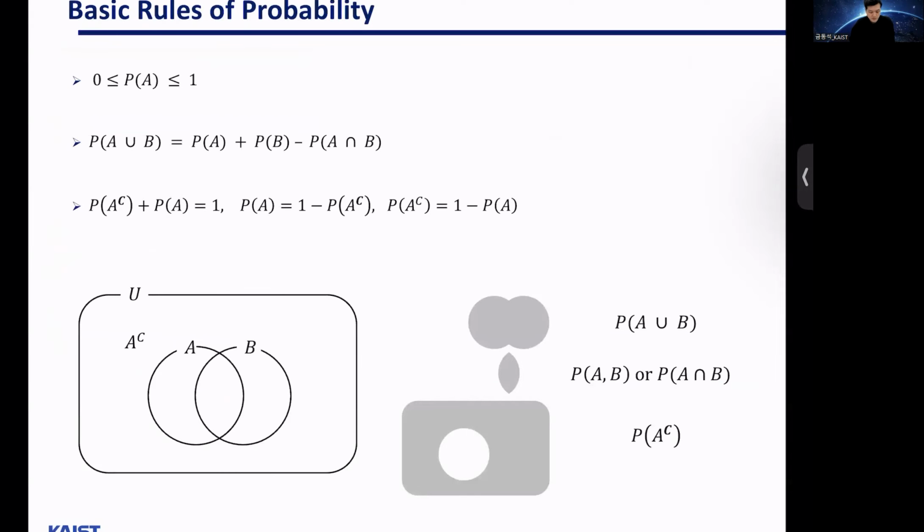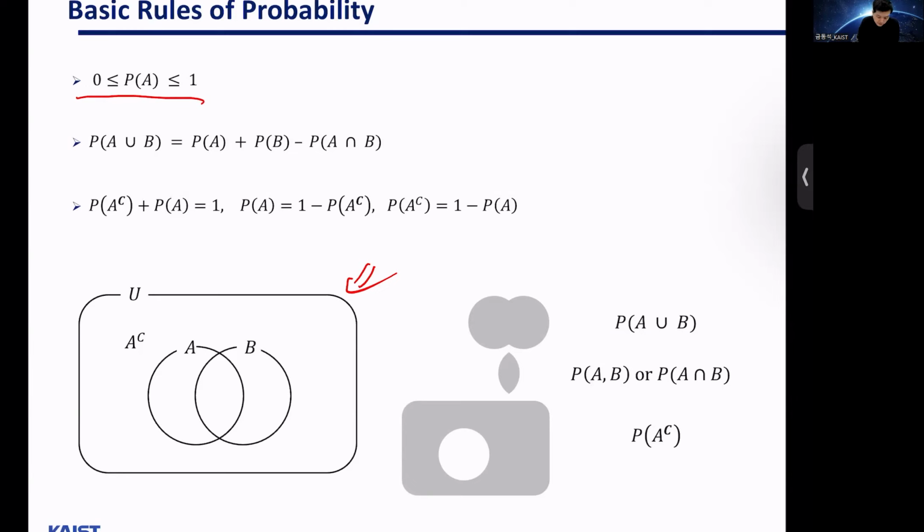Let's start with the basic rules of probability. I think this page is quite straightforward. It's simple set theory. Please take a look at this Venn diagram. The probability of A ranges from 0 to 1.